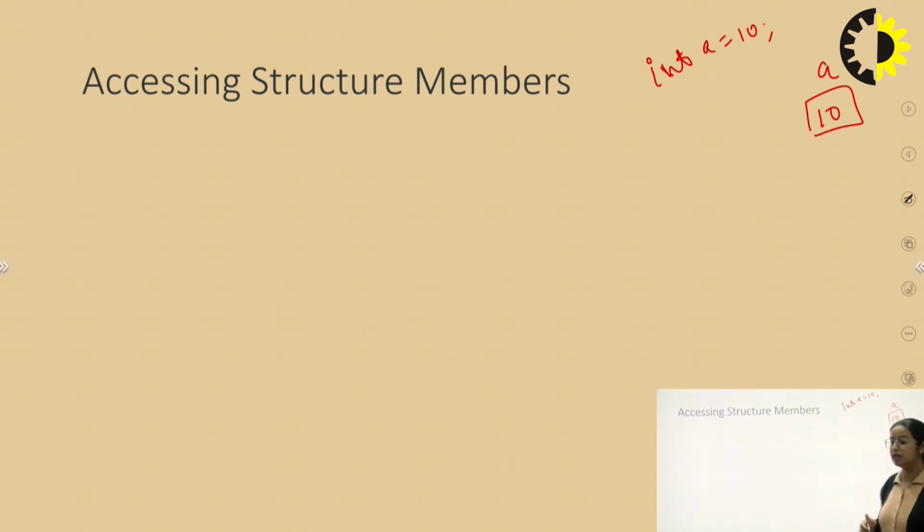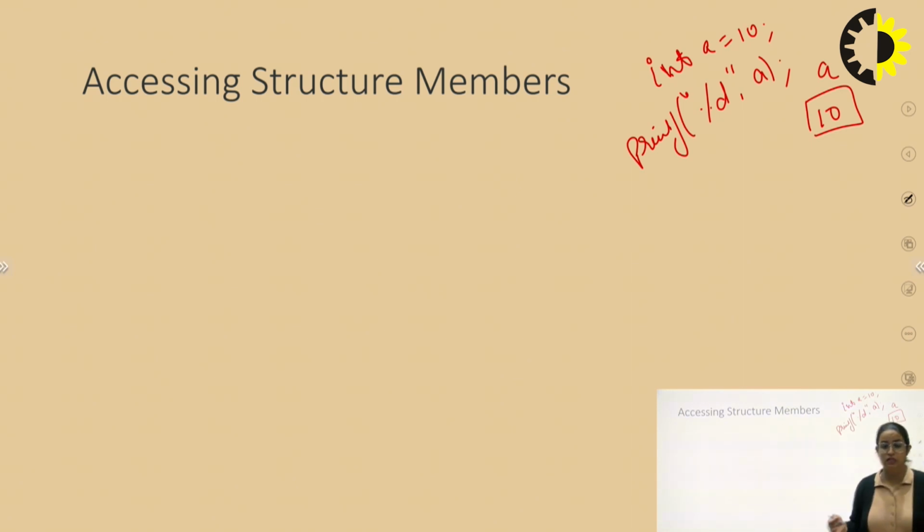For accessing it, we just write printf and pass a. This is the access. You can easily access it with the help of this printf statement. For this we need only the format specifier. This is a formatted output function. With it, you can easily access the element of a variable from memory. This is the simple way we do it.